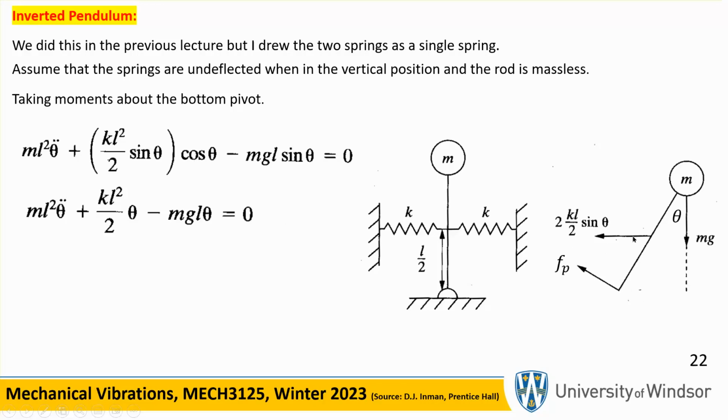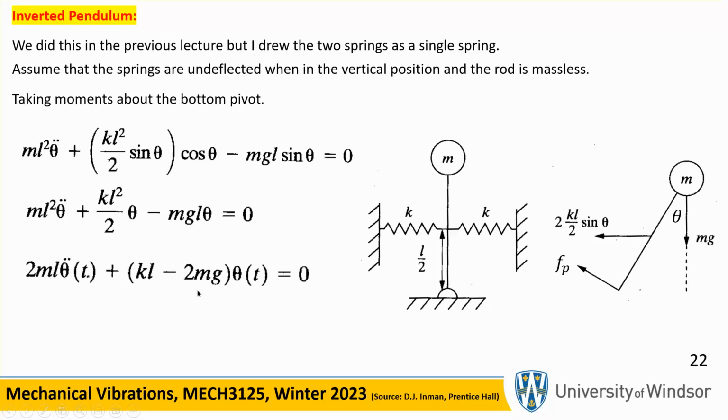So let me say that again. Force of the spring times the moment arm. This is the moment arm. And that moment arm is this value, L over 2 times the cosine of that angle theta. For small angles, sine of theta is theta, cosine of theta is almost 1, and we get this.